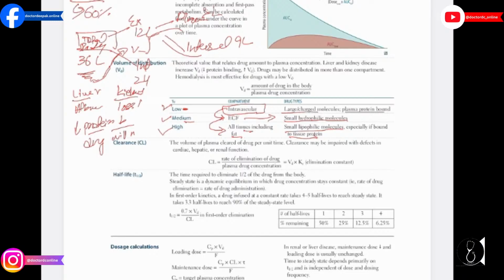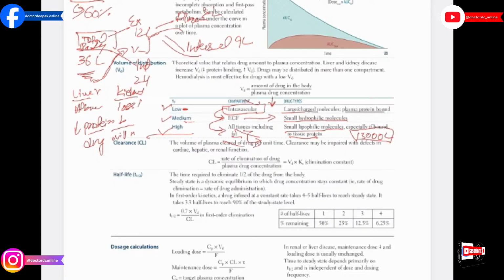Drugs that accumulate in the tissues have a very high volume of distribution due to small lipophilic molecules, especially bound to tissue proteins, with often uneven distribution in the body. Chloroquine has a very high volume of distribution, about 13,000 liters. You will find way less of it in the intravascular compartment, but it will be very high in the interstitial and tissue compartments.